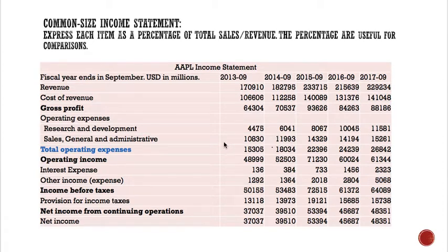For example, the salary for marketing or the staff at the human resource department is not directly related to the production of Apple company's products and services, so it is an operating expense.